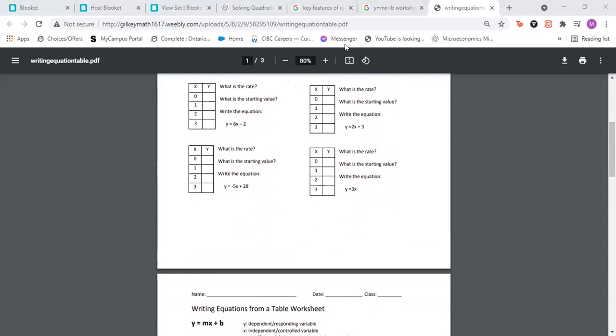So what would you do if you were given the equation already? What would you do to find the y values here?